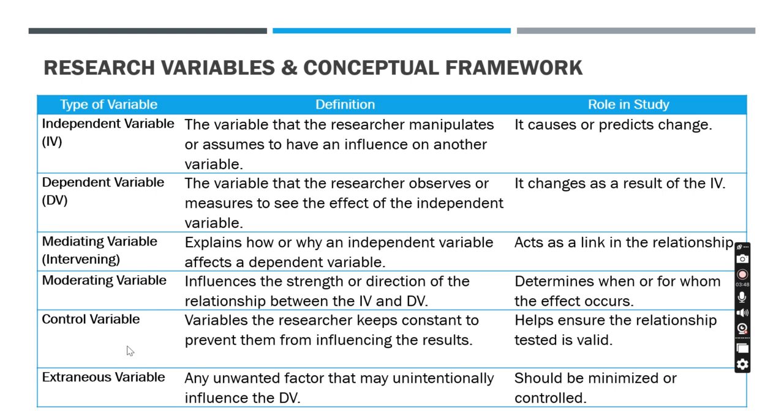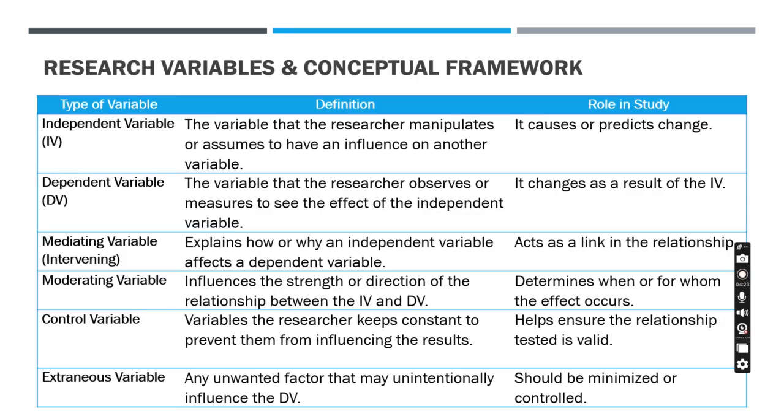And also we have the control variable. This is the variable that the researcher keeps constant in order to prevent it from influencing the results. For example, if you have a dependent variable like psychological trauma, children and old people experience trauma in different ways.